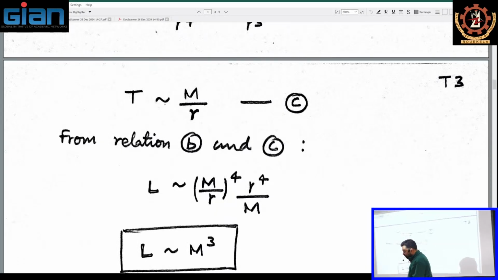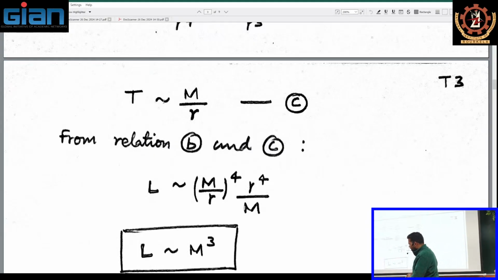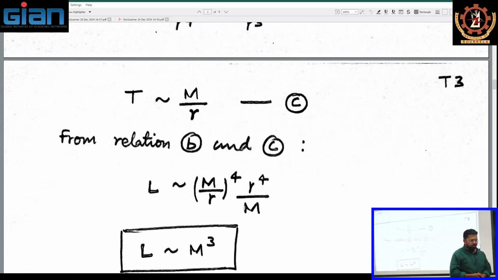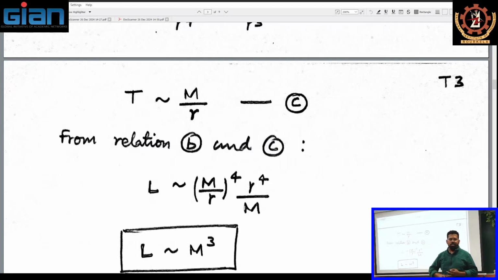Now, what is this relation telling? Can you comment? Has anybody thought about it? We have a relation between luminosity and mass, and in order to derive this relation, what equations have we used? Hydrostatic equilibrium, energy transport under the assumption that energy is being transported by radiation, and anything else?